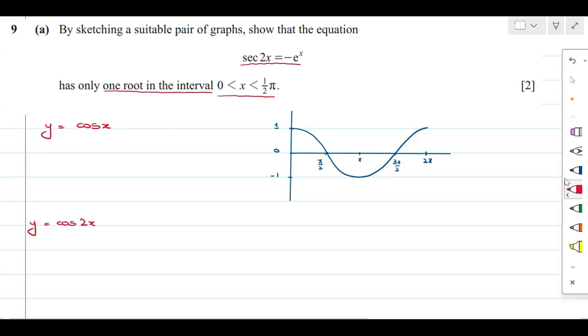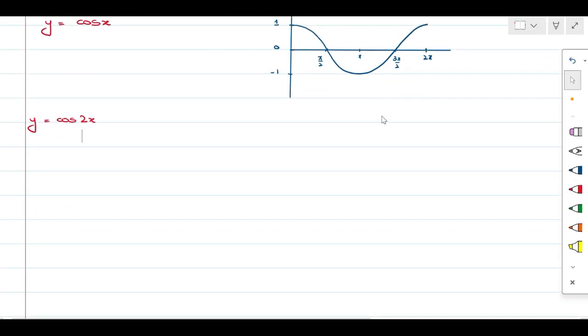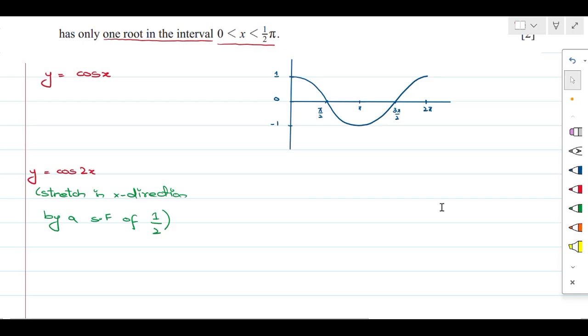We have a stretch in x direction by a scale factor of 1 by 2, the reciprocal of 2, which means all the x coordinates are divided by 2, right?